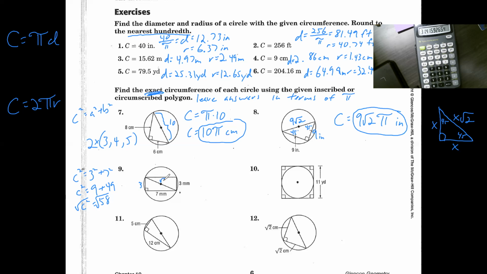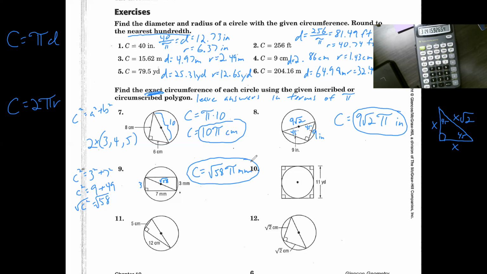So this length here is square root of 58. That's our diameter. So when we do our circumference formula, again, it's just our diameter times pi. So that's square root of 58 pi. This was in millimeters, so it stays in millimeters, and that's our answer.